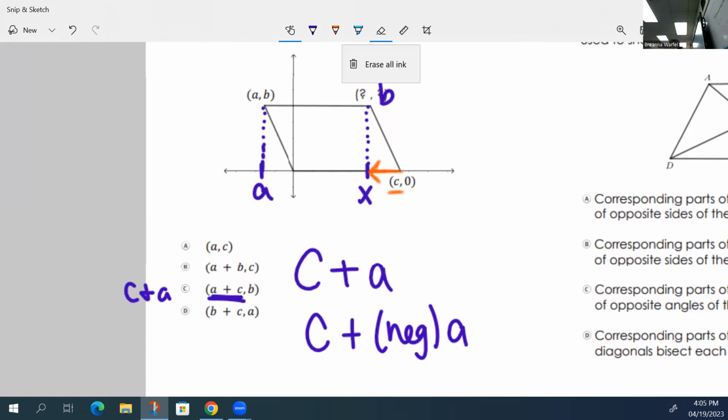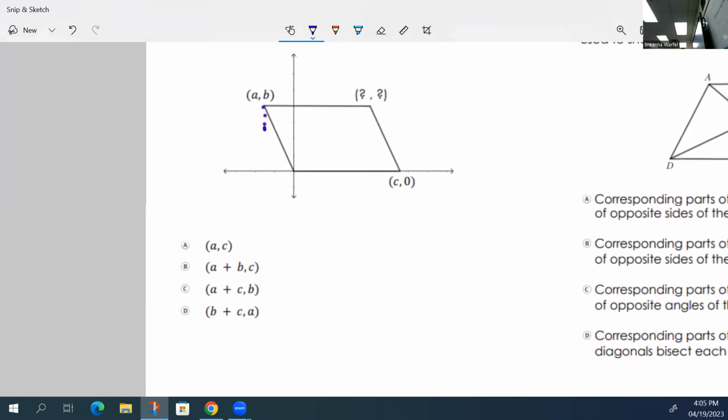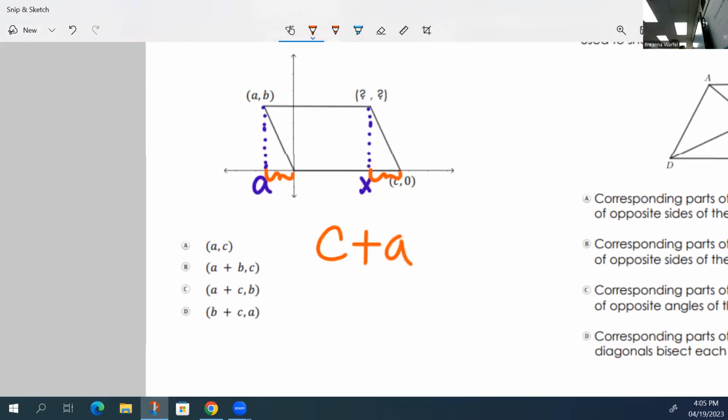Another reason is if you look here, this is a parallelogram, so that means these values are the same. So if you take C and you subtract A or add that negative A, then you are going to get this X value right here. So that is why the answer is C.